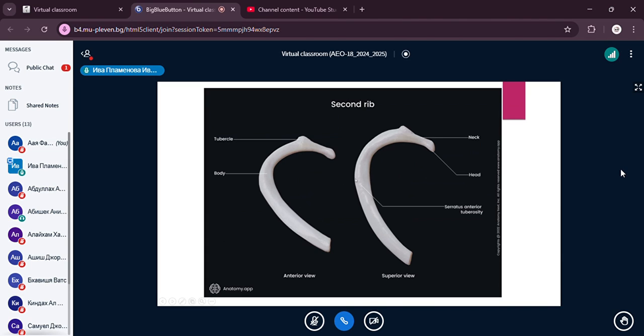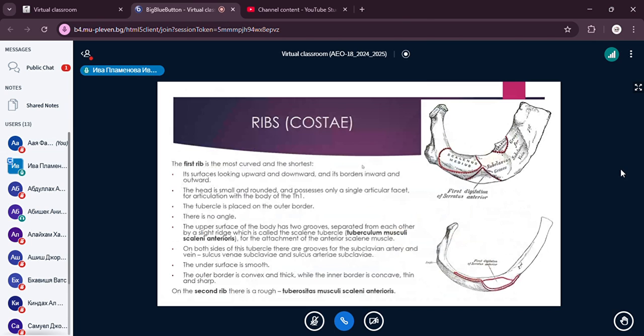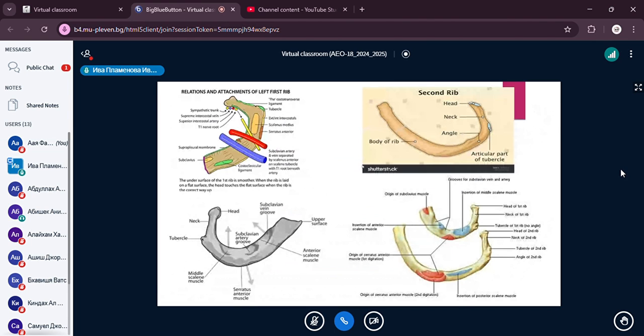The only thing you have to remember is serratus anterior, tuberosity. Serratus anterior too, but I think here is a mistake. I told you this one for the scalenus.